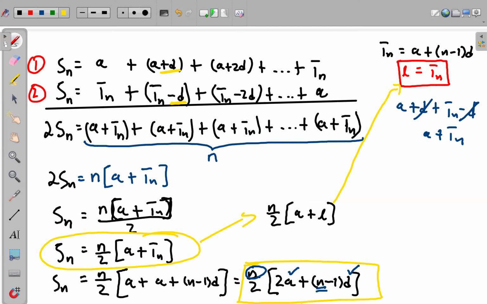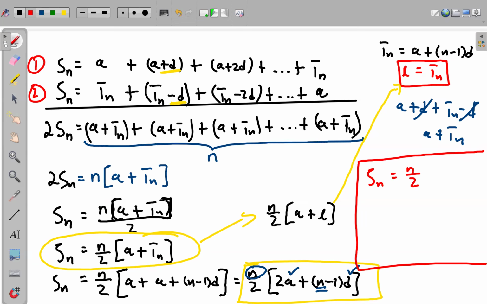So formally speaking, here are our two official formulas for calculating the sum of n terms in any arithmetic series. Number one, Sn is equal to n over 2 into a plus L, and this is only if we know the last term.